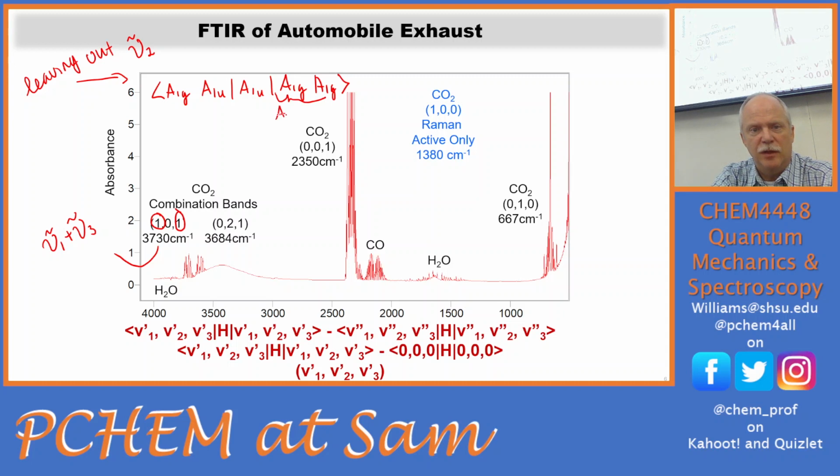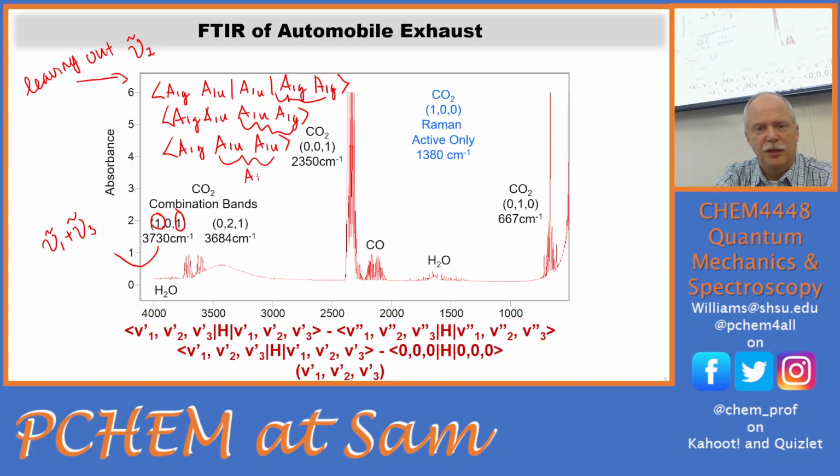A1G times A1G is A1G. A1U times A1G is A1U. And then those guys sort of cancel each other out and give A1G. And then this results in a single term.